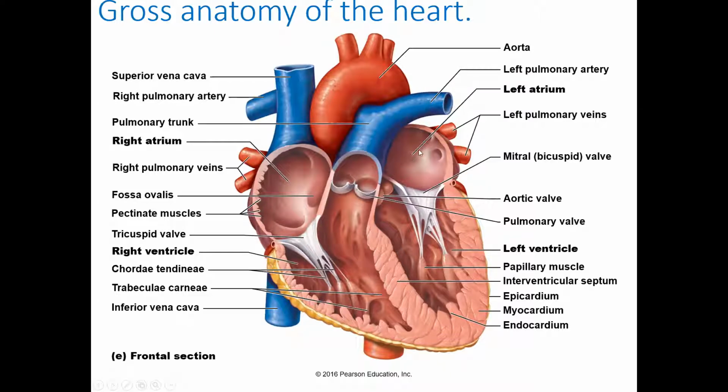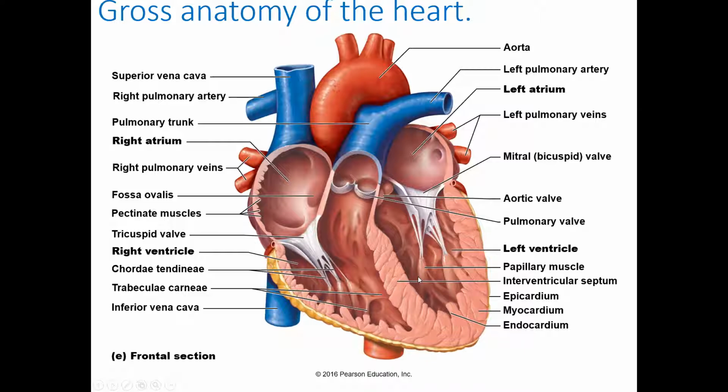That blood returns to the left atria through these pulmonary veins, through the mitral valve into the left ventricle, and is pumped through the aorta to the systemic circulation. Notice the thickness of the wall of the left ventricle as opposed to the thickness of the wall of the right ventricle.